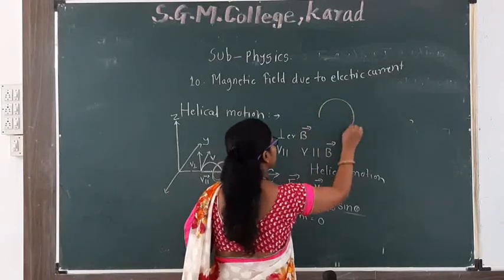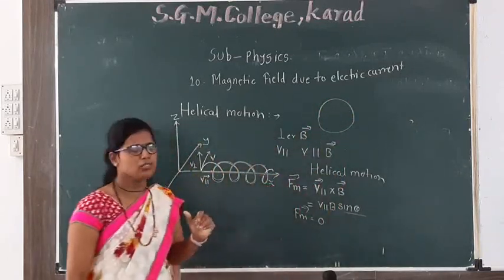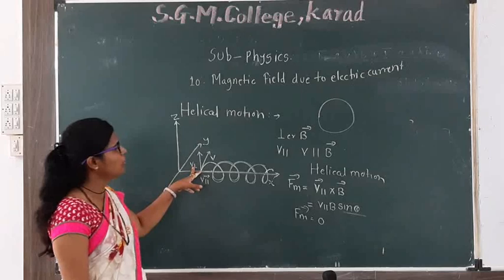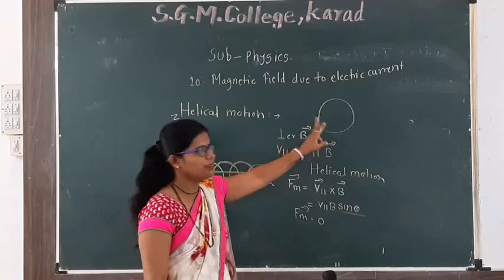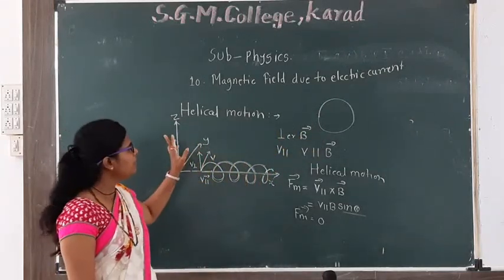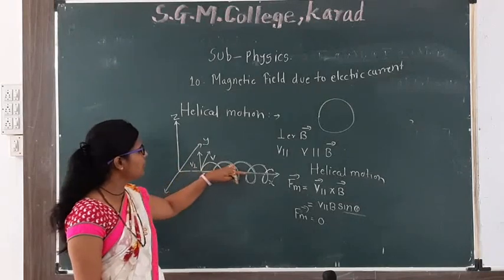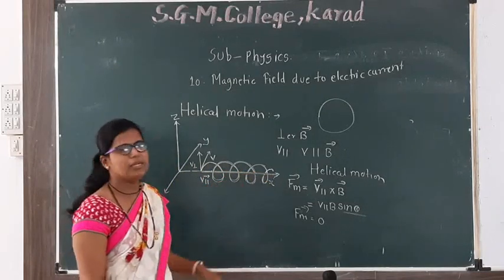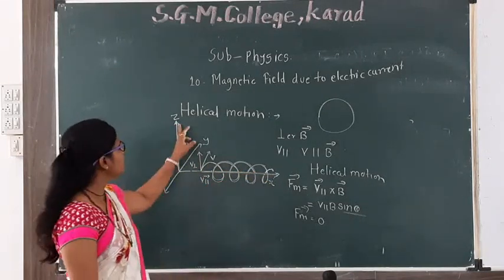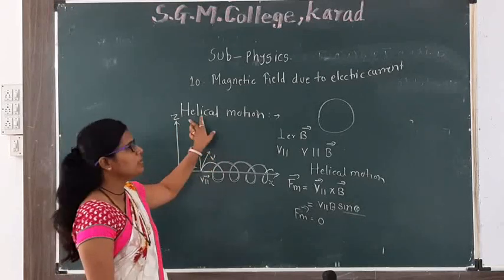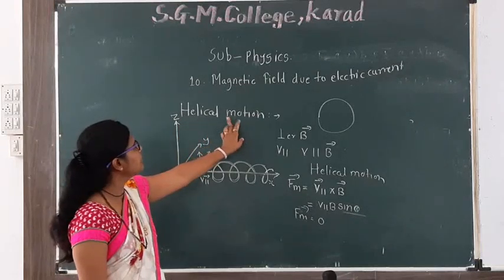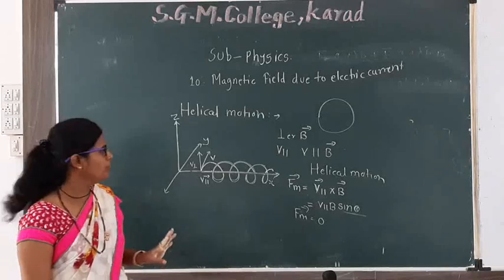Circular motion, like this motion. That circular motion, the perpendicular component leads to the circular motion. The particle becomes a helix. That is the helical motion.